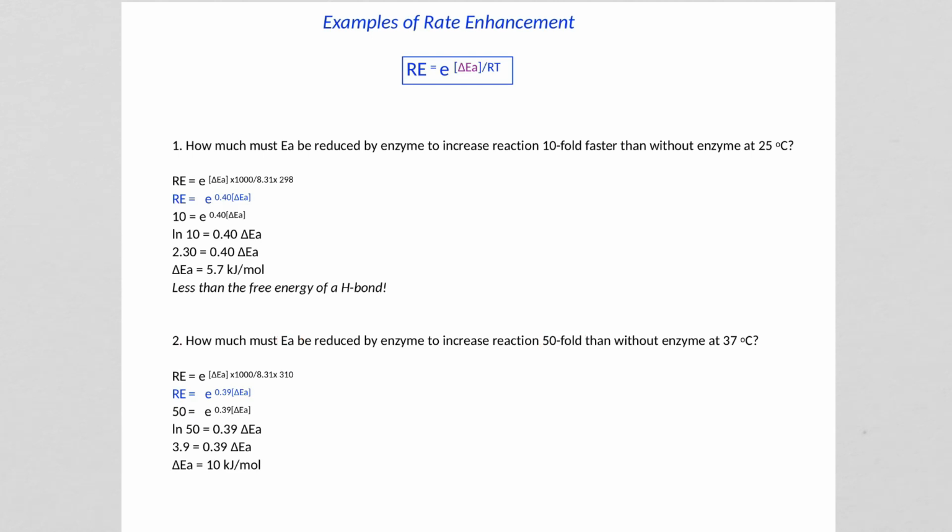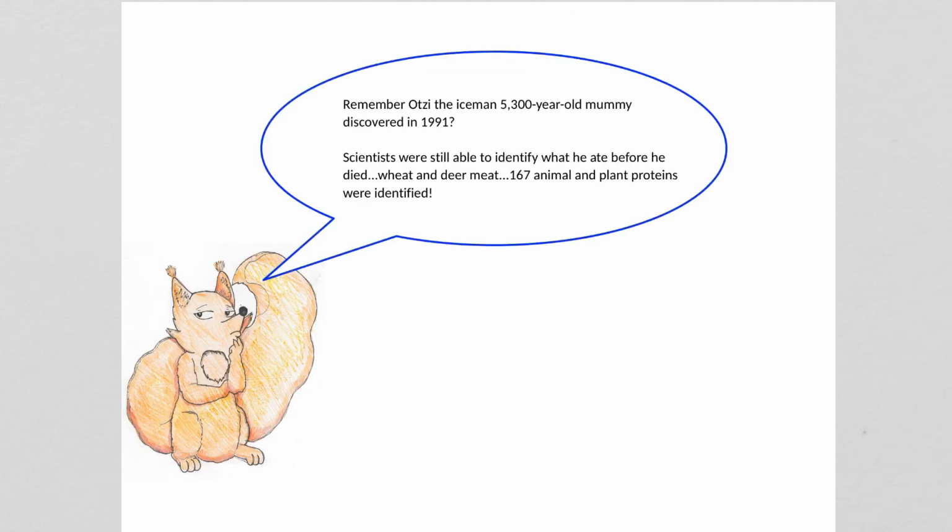So we can see how fast reactions can happen in the presence of enzymes and how slow reactions would happen without the presence of enzymes. So without enzymes, we would not be able to survive because our chemical reactions would be very, very, very slow.